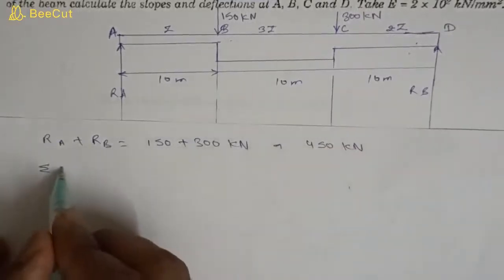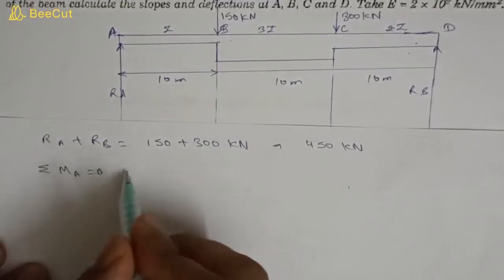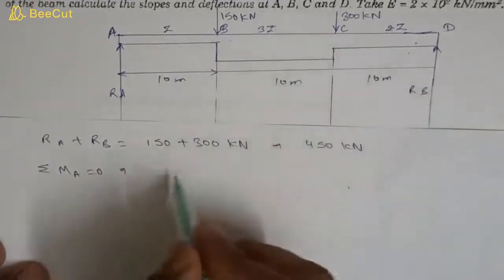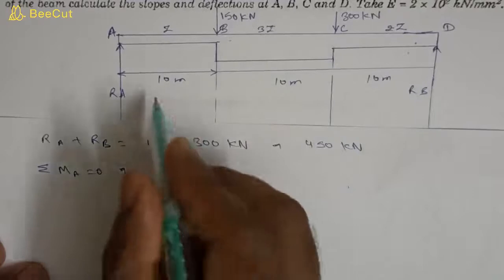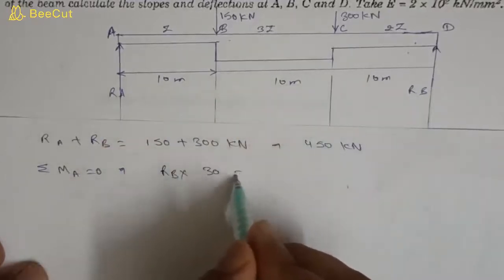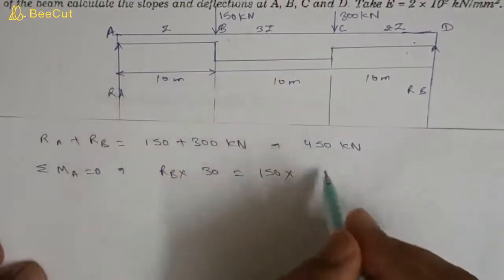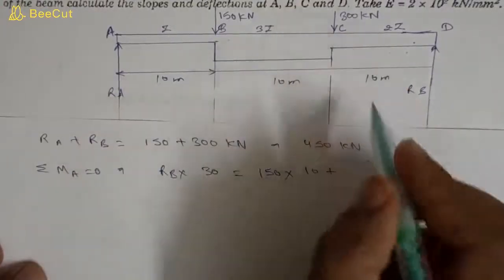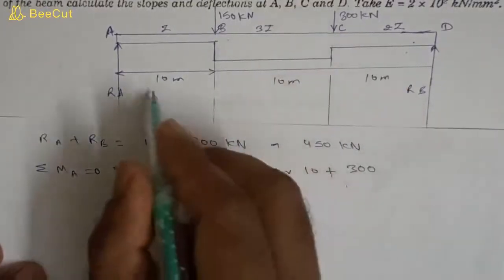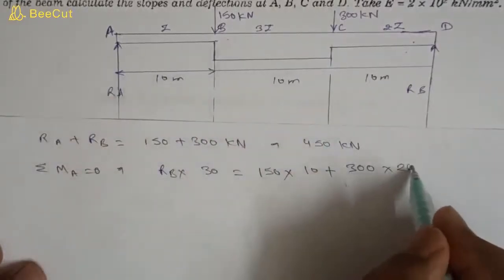If we take the moment about A equal to 0, then we will get RB into 30 is equal to 150 into 10 plus 300 into 10 plus 10, which is 20.